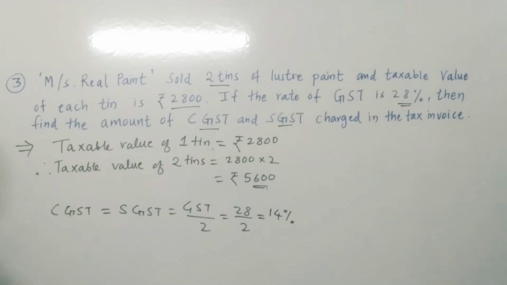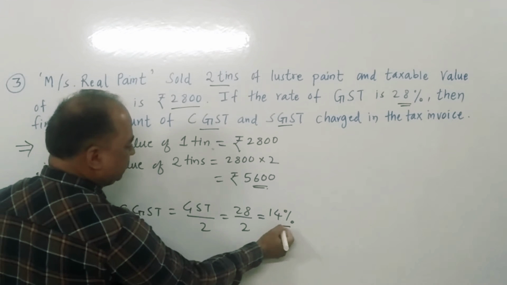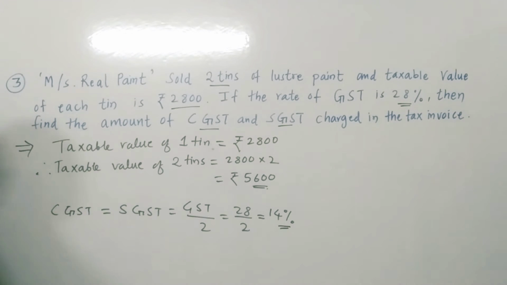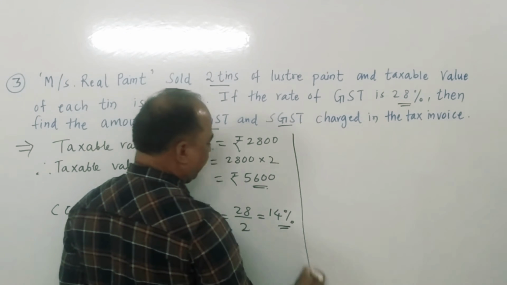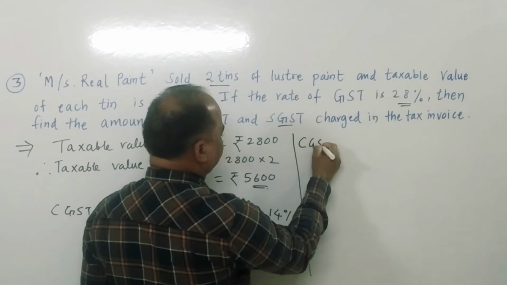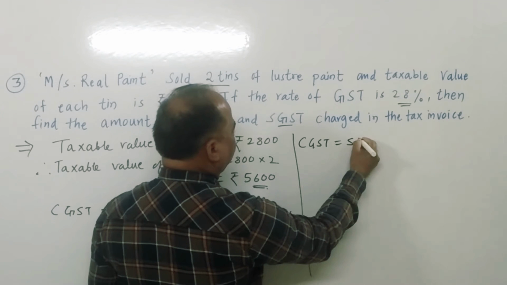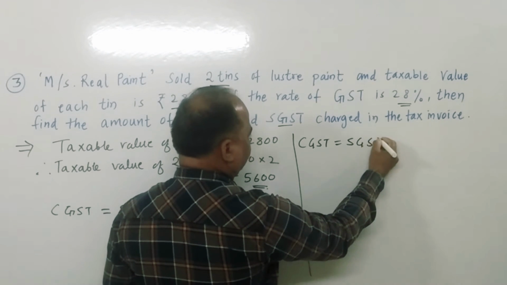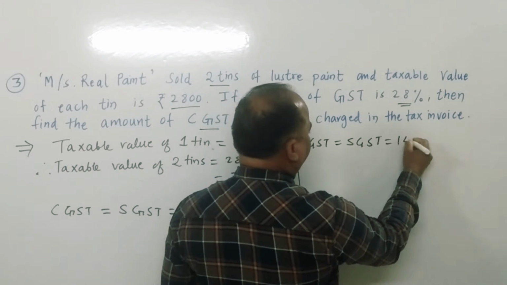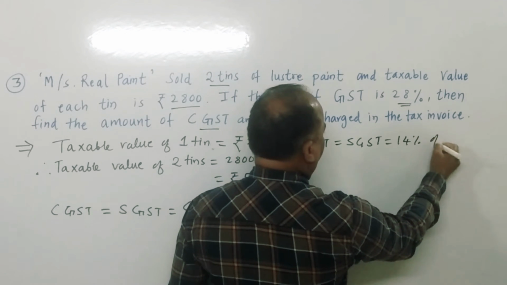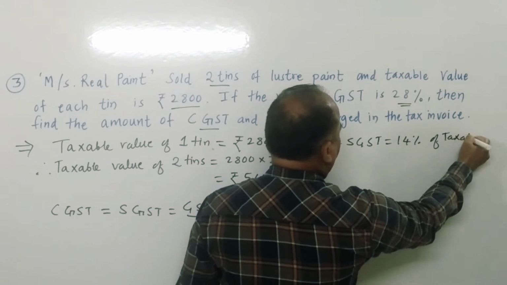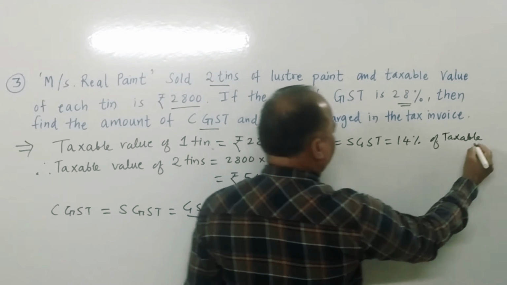So here we have to find the CGST and SGST, 14% of taxable value. So CGST is equal to SGST, which is equal to 14% of taxable value.